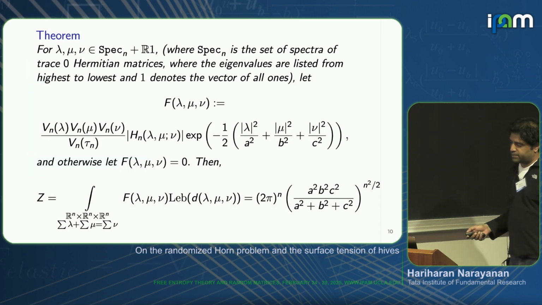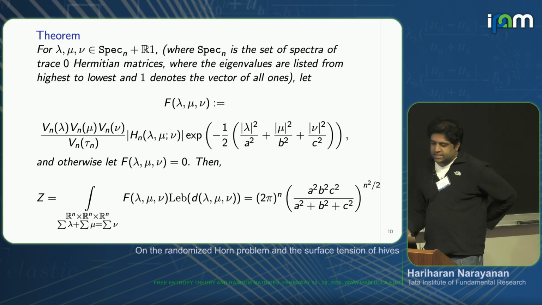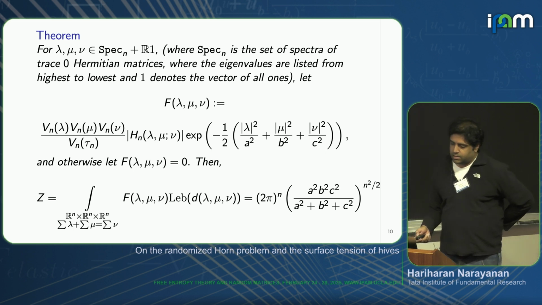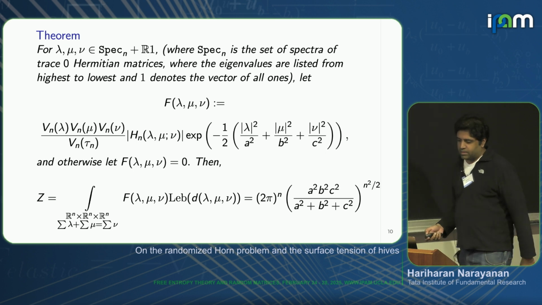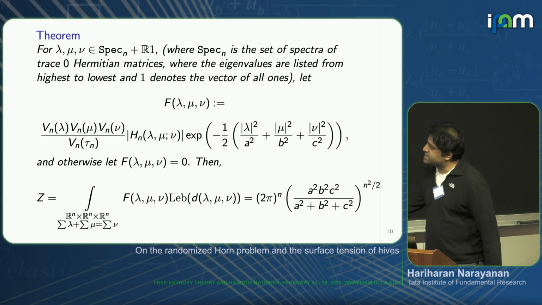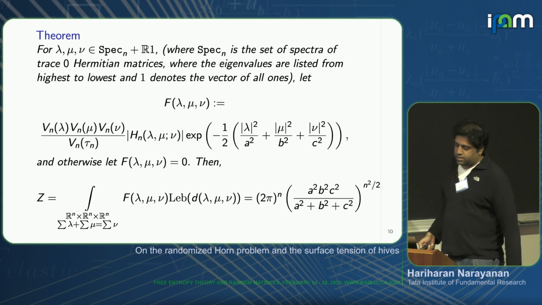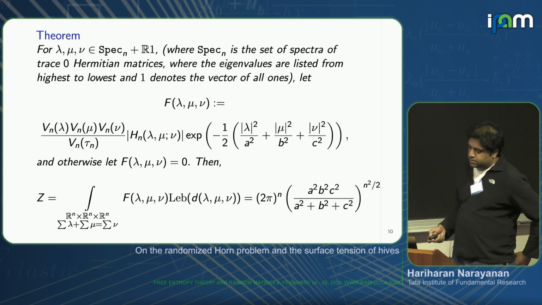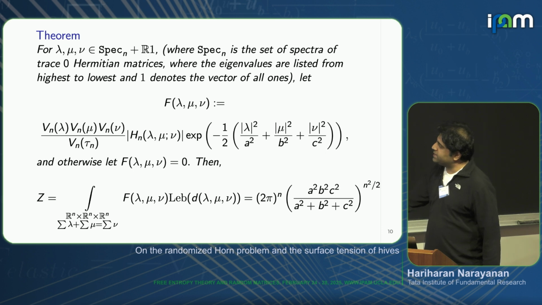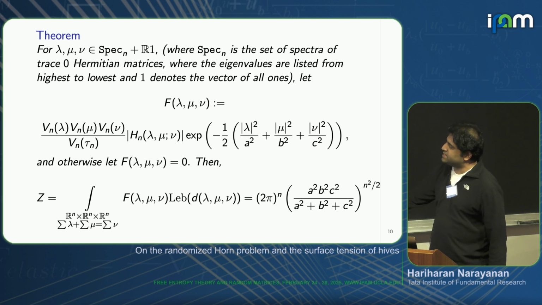So this is the first theorem I'd like to discuss. What it says is that if you take the subspace defined by the constraint that the traces add up, and you look at a certain log concave measure which is defined in this way. I'll break this down for you. These are just those Vandermonde factors.